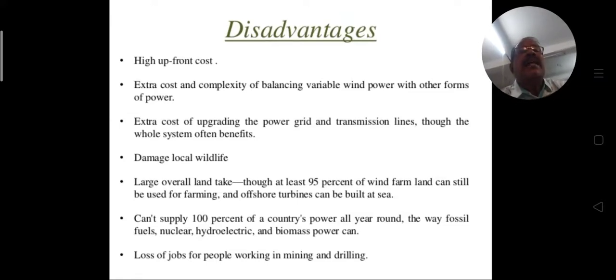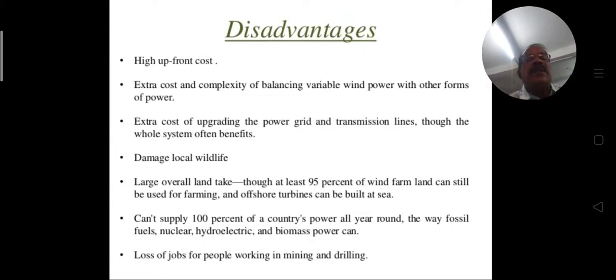Here the initial cost is very high, an upfront cost. The construction of wind turbines is very costly compared to the remaining sources, and there is the extra cost and complexity of balancing variable wind power with the other forms of power, and extra costs of upgrading the power grid and the transmission lines through the whole system.